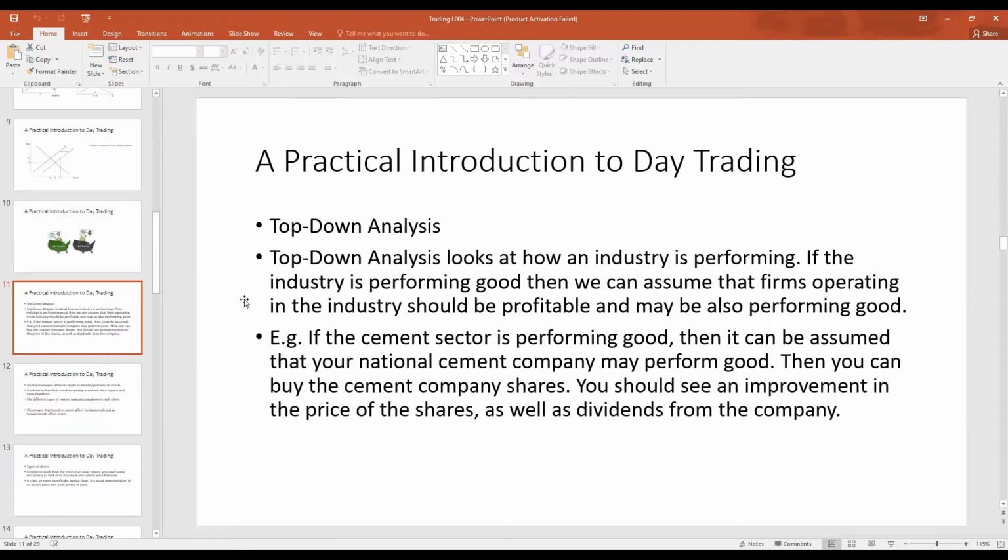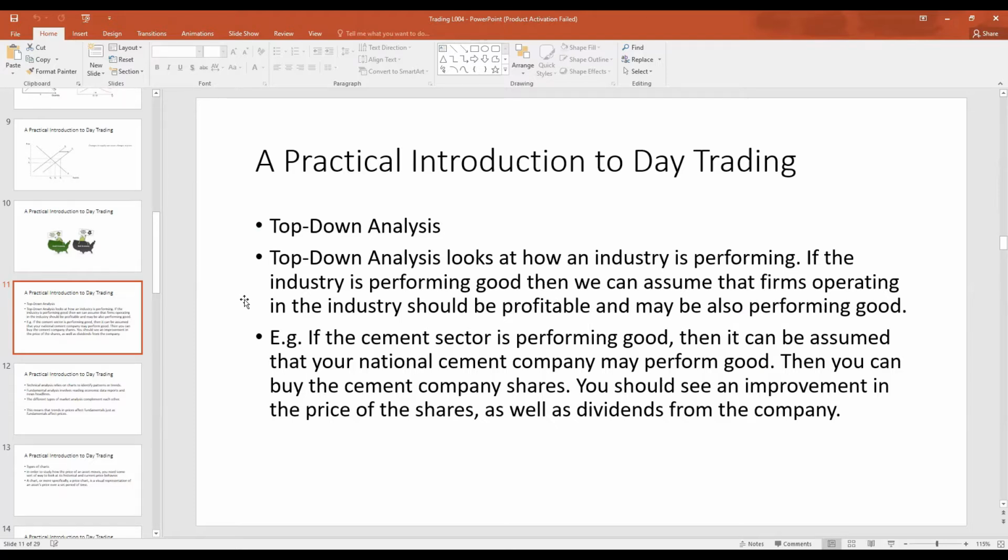Top-down analysis is the type of analysis where the trader considers how an industry is performing. If an industry is performing well, the trader can assume that the firms operated in the industry should be profitable and should also perform well. For example, in the cement sector, if the cement sector is performing good, then it can be assumed that a national cement company can also perform good.